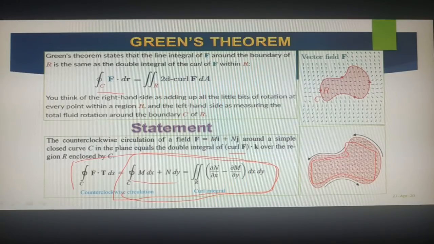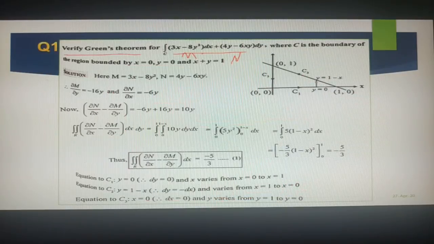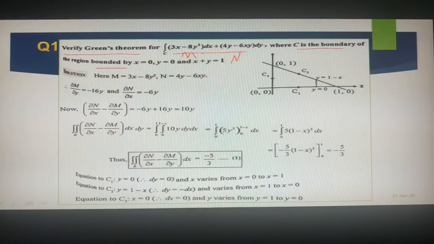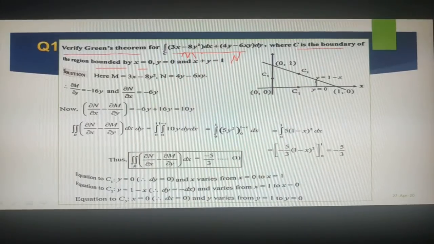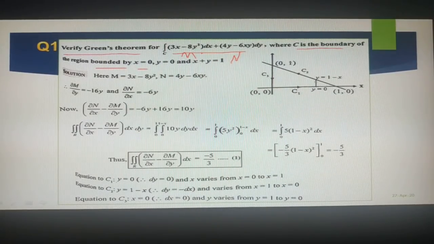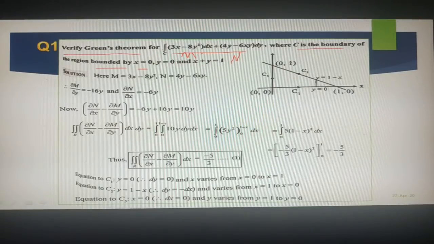They will provide the problem in this form, where C is the boundary of the region bounded by x equals 0, y equals 0, and x plus y equals 1. These are very simple lines. x equals 0 is your y axis, y equals 0 is your x axis, and x plus y equals 1 is a straight line. Now we have to find it out. Verification means we have to show both sides, LHS equals RHS, in our theorem statement.